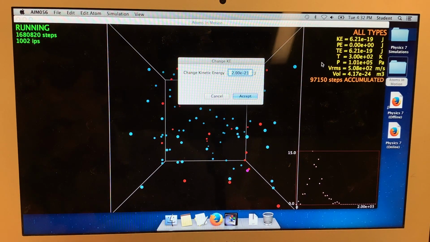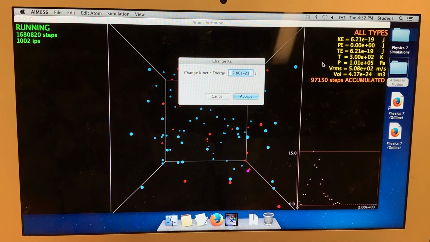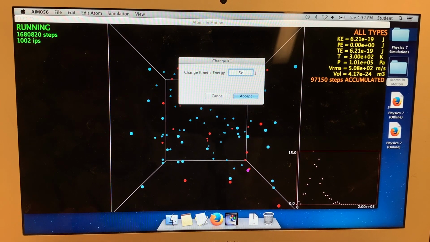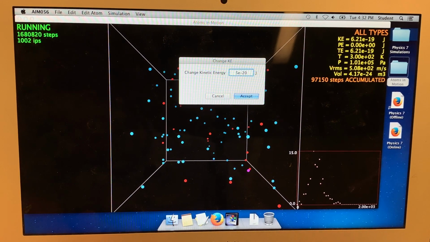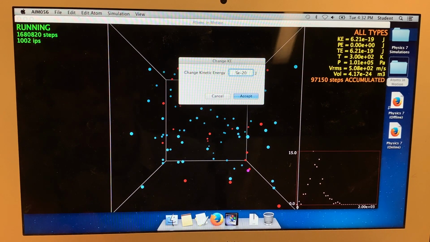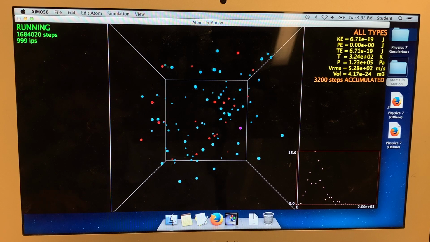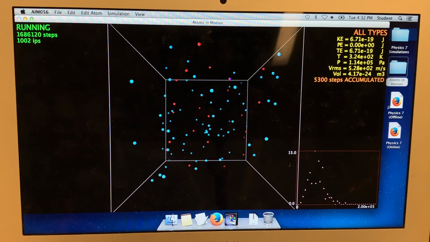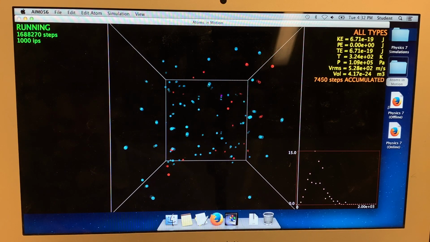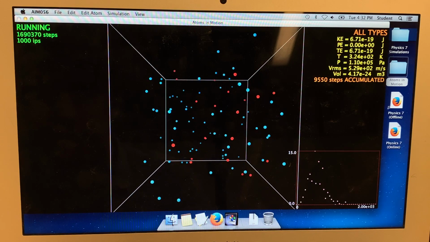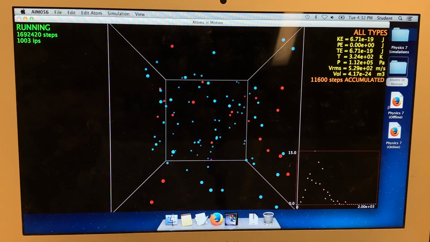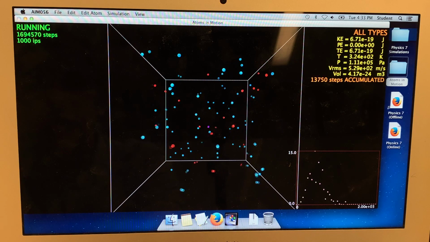We're going to add energy just like we did in previous simulations. We're going to add 5 times 10 to the negative 20 joules of energy. Ready? Let's add another 5 times 10 to the negative 20 joules.